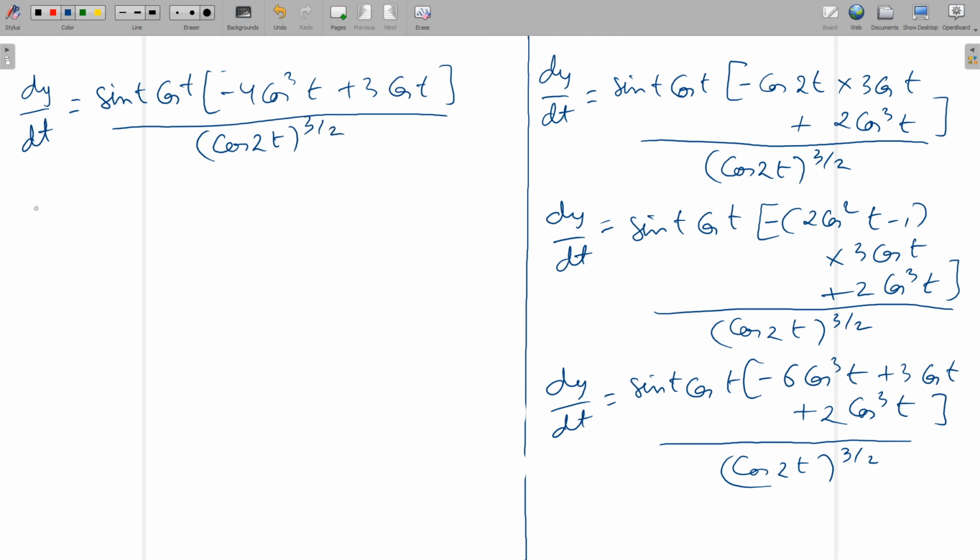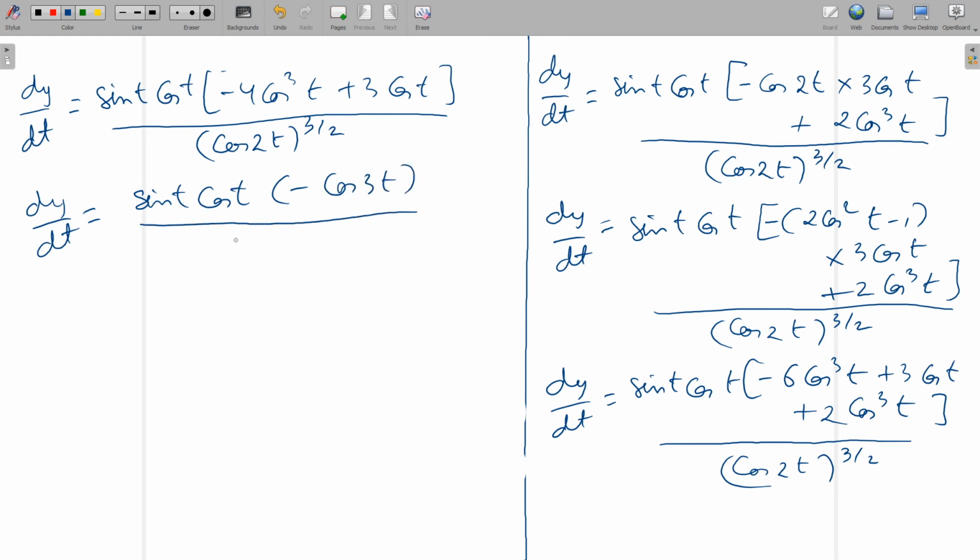and this will give us dy by dt equal to, we know that 4 cos cube t minus 3 cos t is cos 3t, so this will give us minus cos 3t. So sin t into cos t into minus cos 3t, whole divided by cos 2t raised to 3 by 2, and what was our dx by dt?